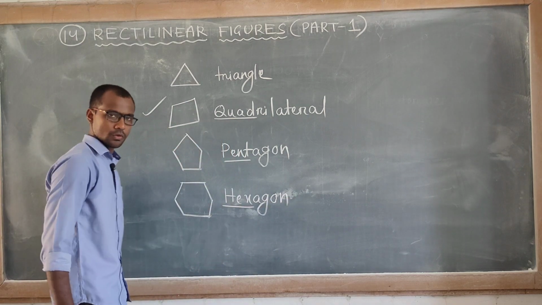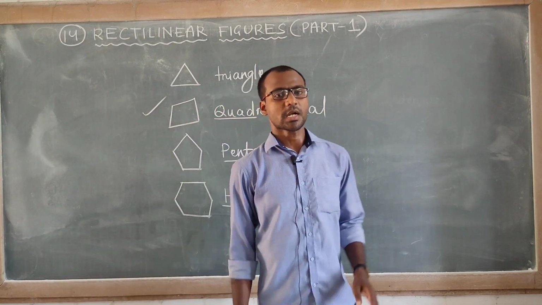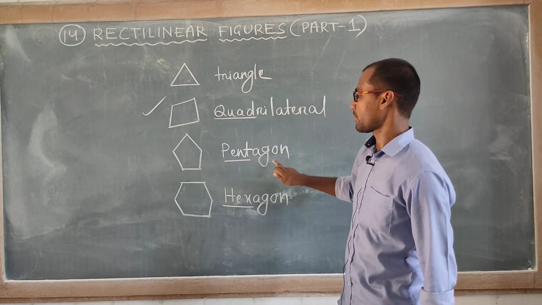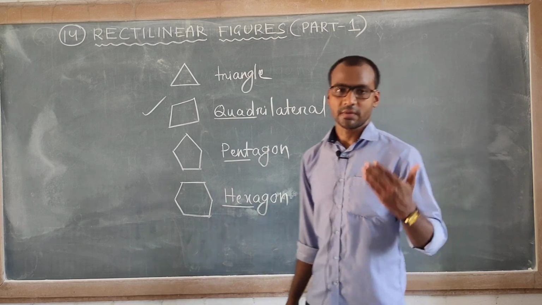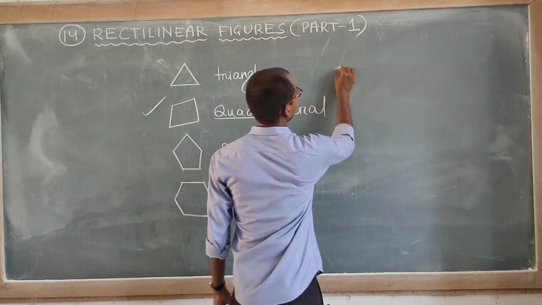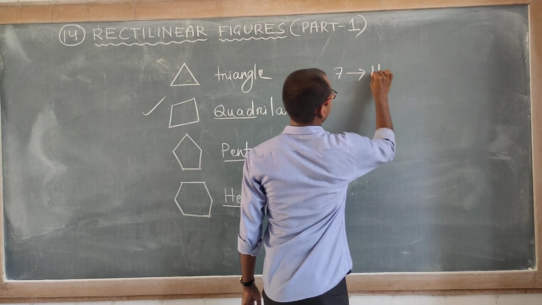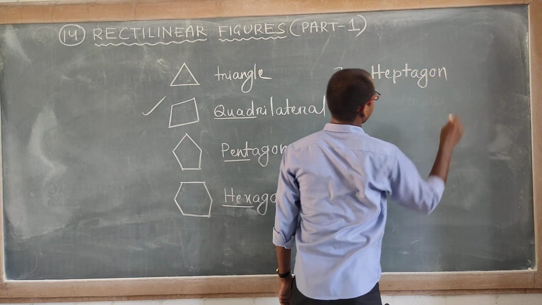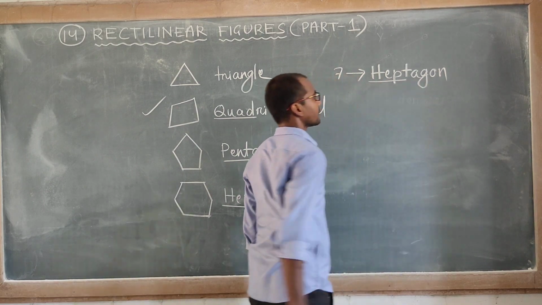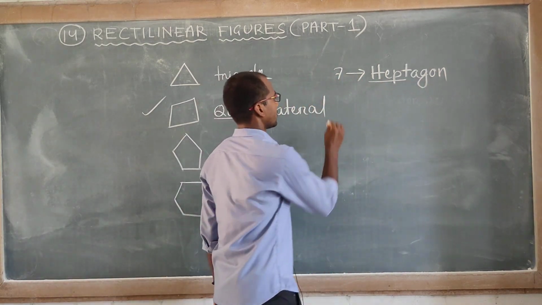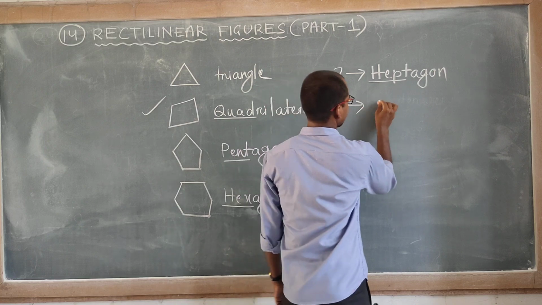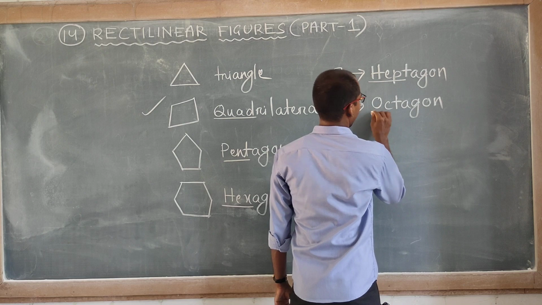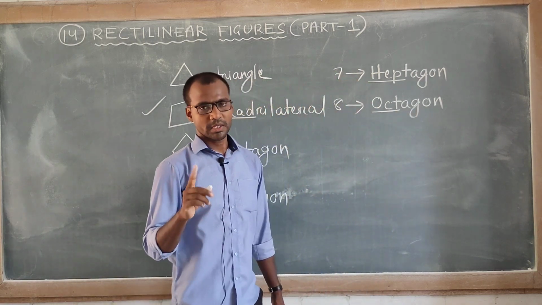Hex means 6. So a polygon starts with triangle, then quadrilateral, then pentagon, then hexagon. If 7 sides, then it is called heptagon. Hep means 7. If 8 sides, it is called octagon. Oct means 8.